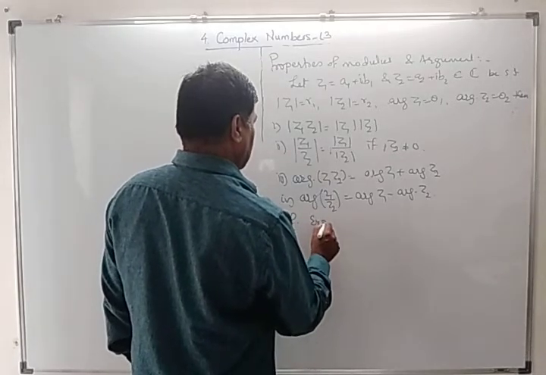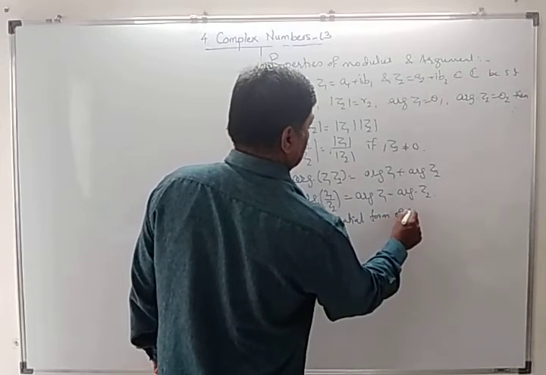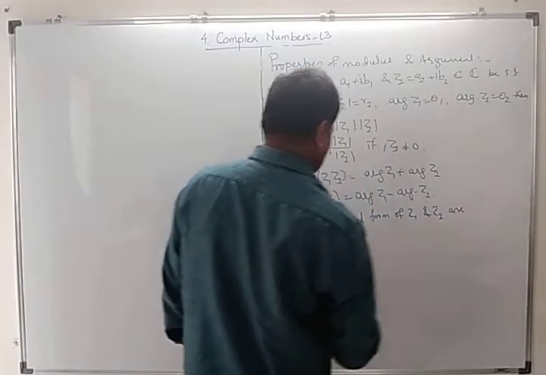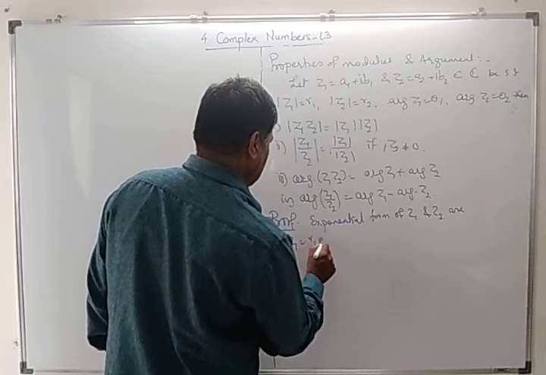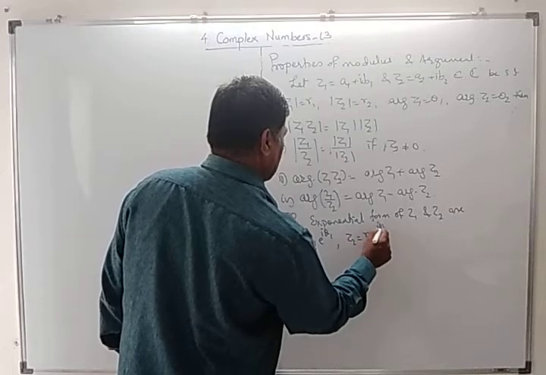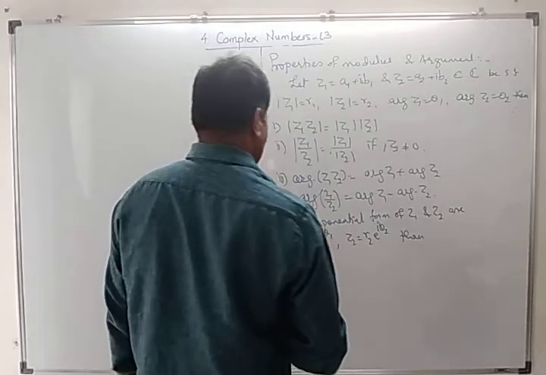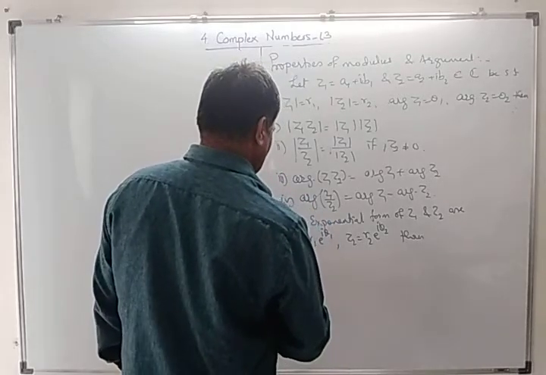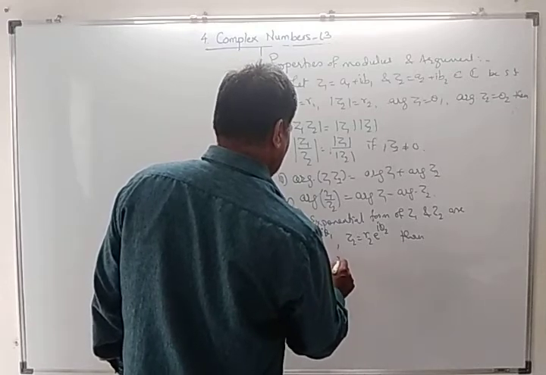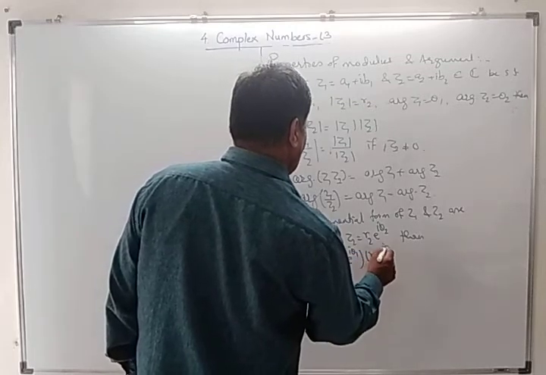Exponential form of z1 and z2 are z1 is equal to r1 e raised to i theta 1, z2 is equal to r2 into e raised to i theta 2. Then 1, mod z1 z2, then z1 z2 is equal to r1 into e raised to i theta 1 into r2 into e raised to i theta 2.